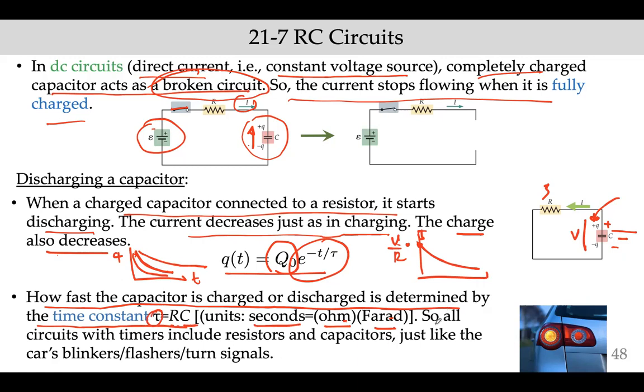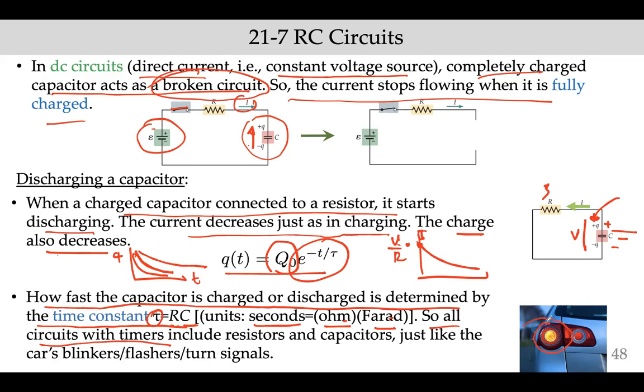So all circuits with timers, if you have a circuit that does something with time, for example, the blinkers or flashers in the car, it lights up every 1 second approximately, right? So there's some timing. So there's some timer.